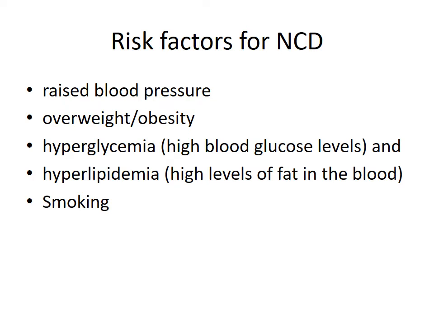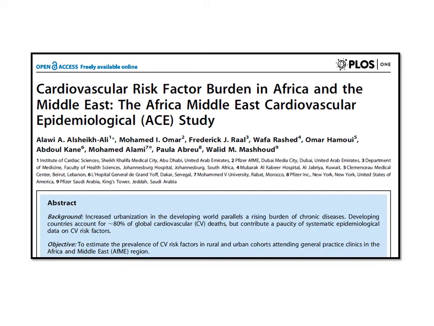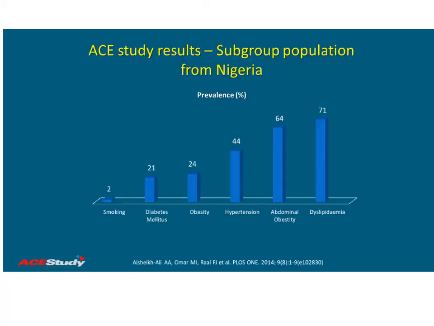But what are the diseases specific that these things cause? And just before that, I'll just give a summary of the data on the prevalence of these risk factors from a study of cardiovascular risk factors in Africa and the Middle East. I'm not going to waste time, it's just to show that smoking is not a big problem. You can see the prevalence is only 2%.